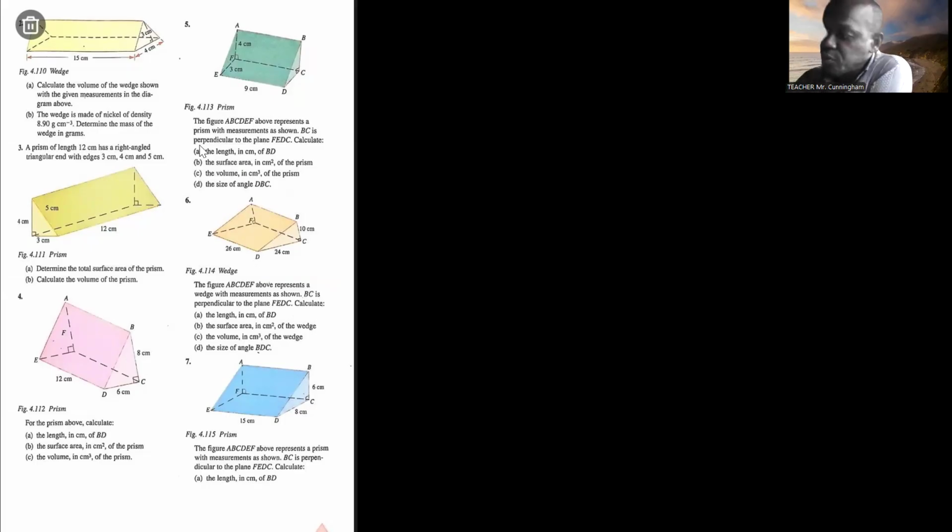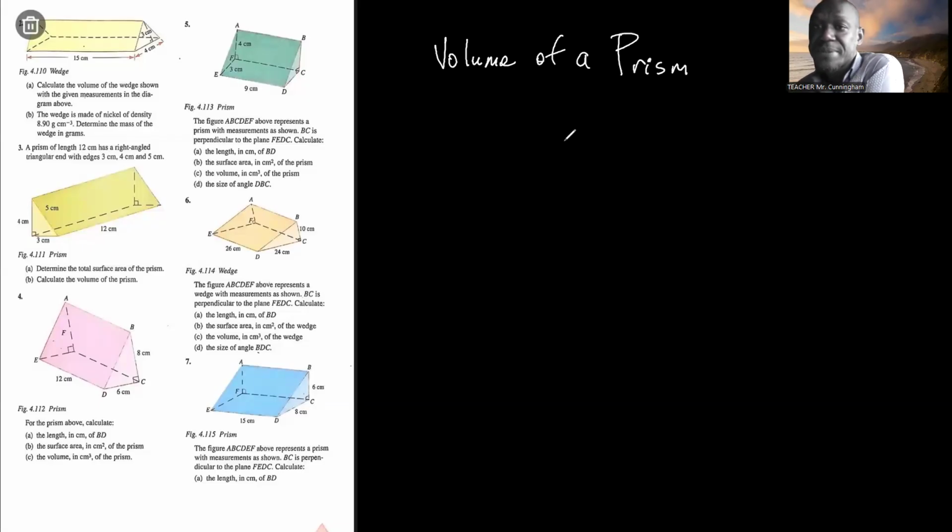New heading: volume of a prism. Can anybody remember what a prism is? A prism is a shape or a solid. Let me give an example of a triangular prism.